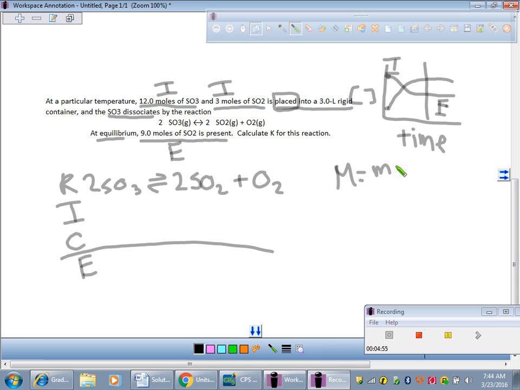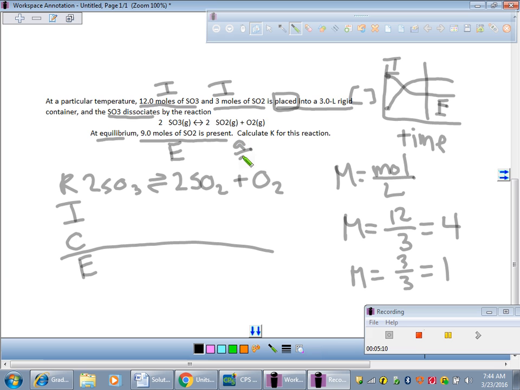Concentration is moles over liters, so we must do 12 divided by 3, which is 4. We have another one, 3 divided by 3, which is 1. And our equilibrium is 9 divided by 3, which would be 3. So we have 1, 2, 3 concentrations that we know that we can plug into our table, and we must put them in the right spot.